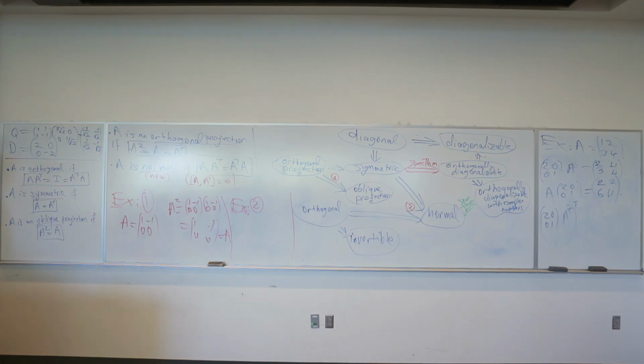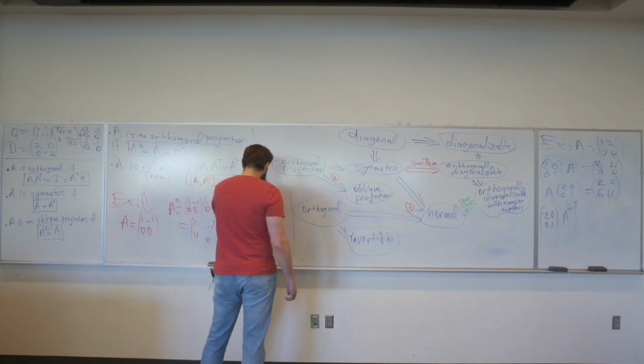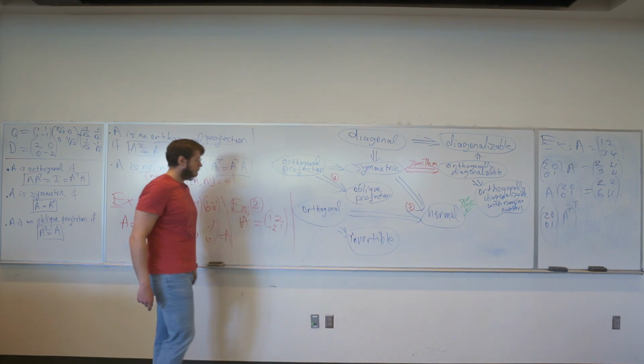Okay? And then finally, an example of a normal transformation, normal matrix that is neither symmetric nor orthogonal. And probably I'm not going to have time to finish this, but this is a nice example. Yeah, look at this. 1, 2, minus 2, 1.